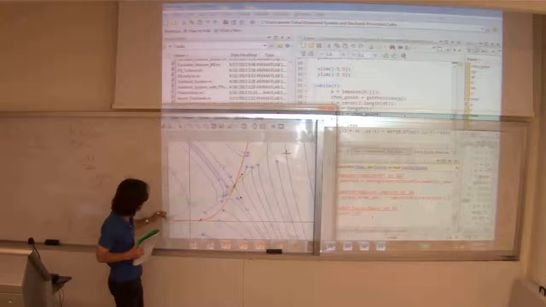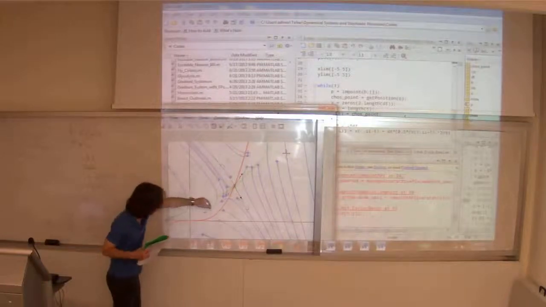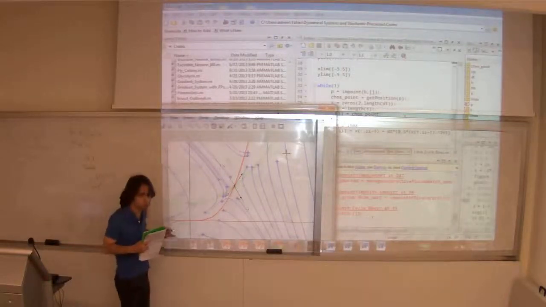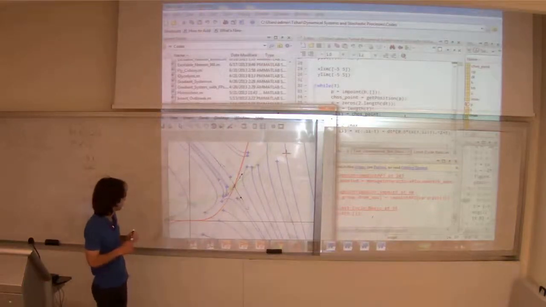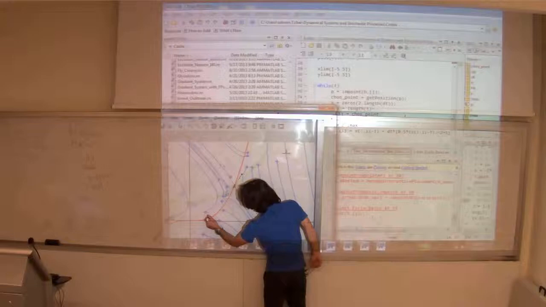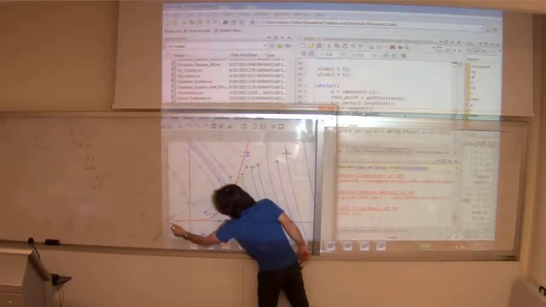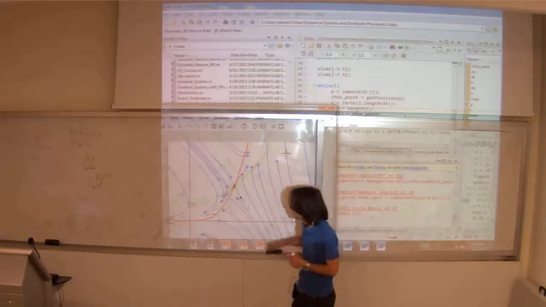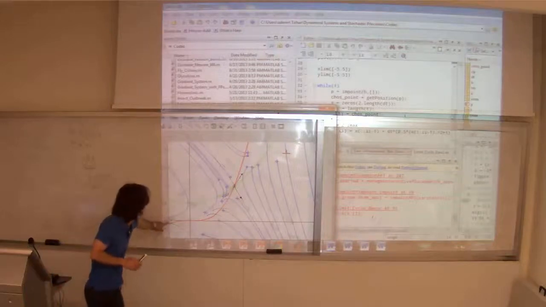So it must be curving somehow. Maybe here or something like that. Yeah, because all the crossings of the null line must be horizontal. So even here, it must be horizontal. It must be to the right of the stable manifold.